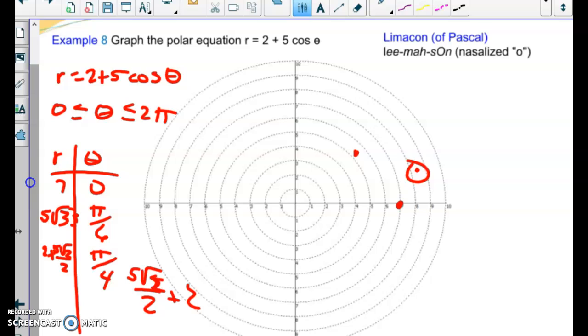This point gives me some grief here. Looks like 5 square roots of 3. Maybe I did that wrong. Let's try that again. Cosine at pi over 6 is the square root of 3 over 2. So I got 2 plus 5 square roots of 3 over 2.